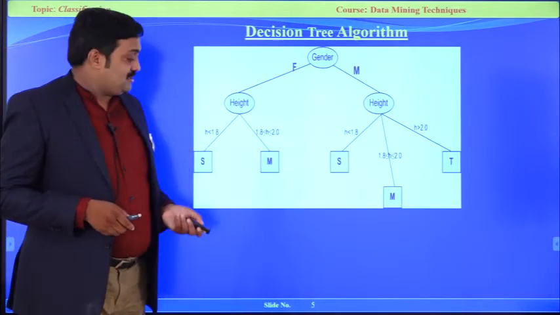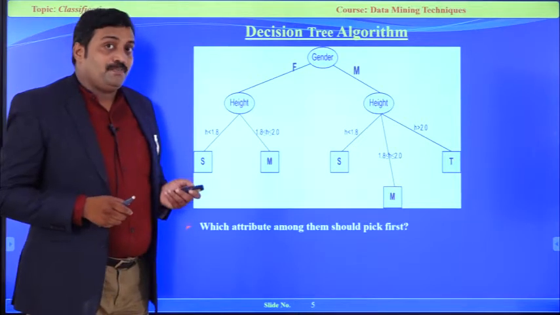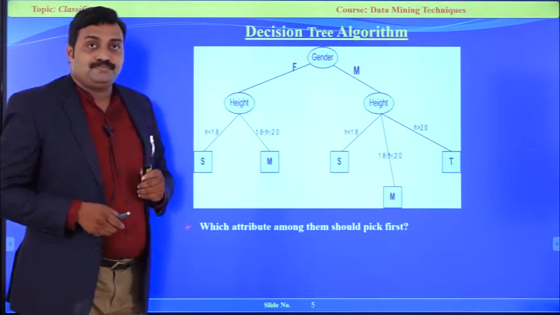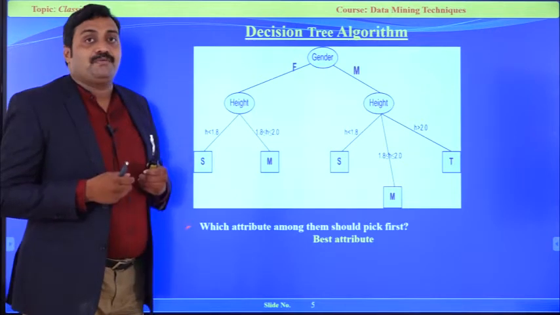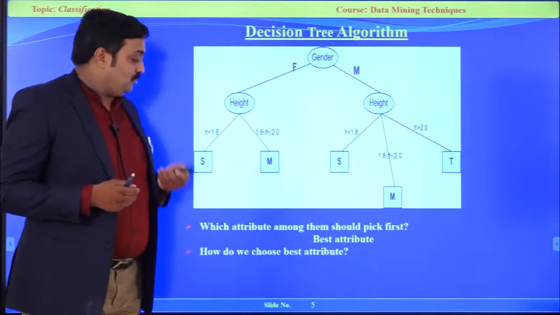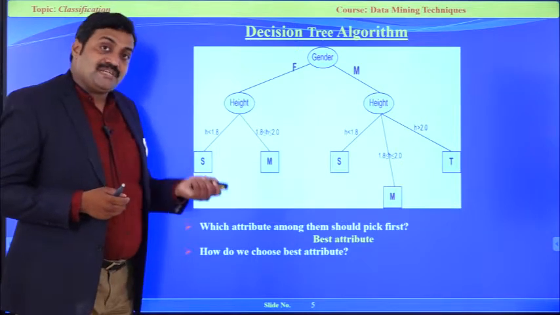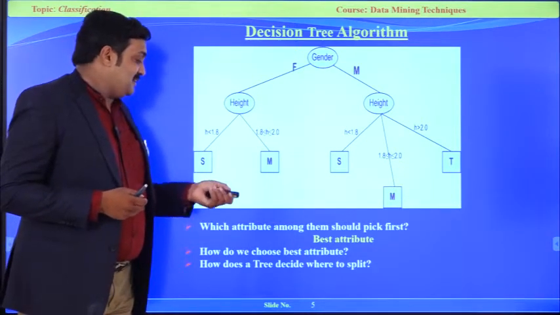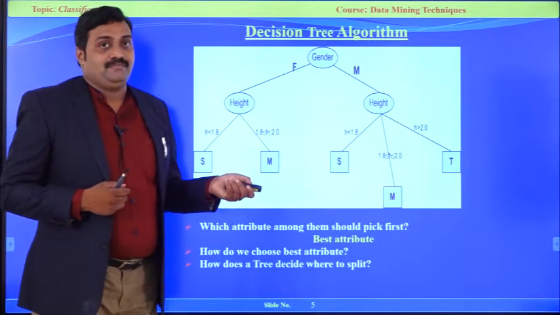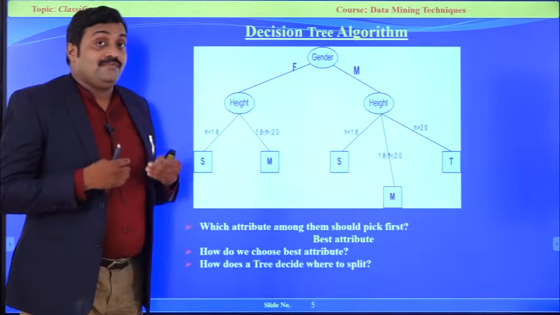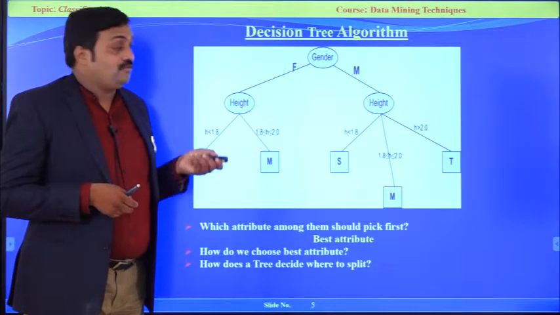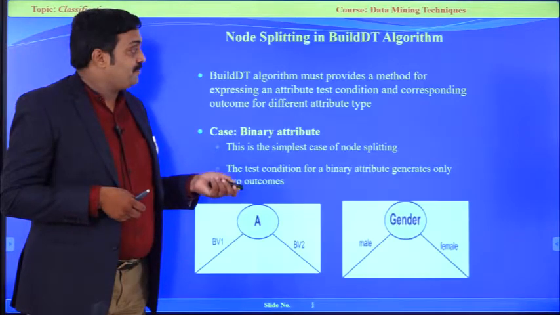Now our questions are: how to pick which attribute to choose first, how to choose the best attribute, and how the tree decides where to split. These are the questions that arose last session. Today I am going to explain this concept.